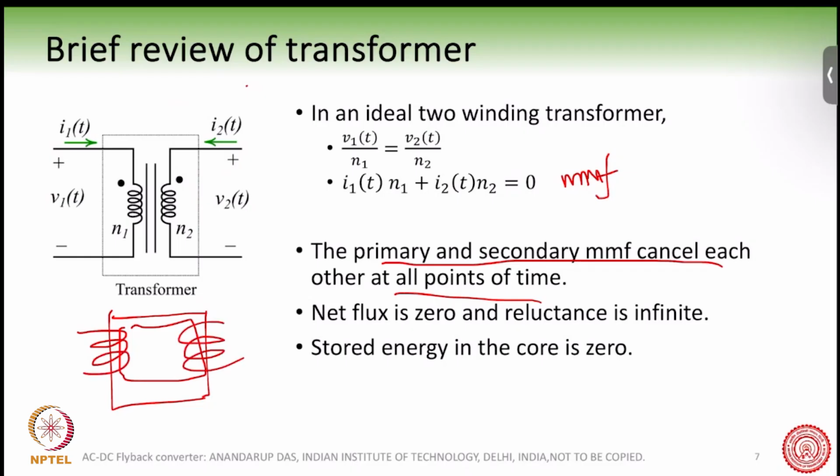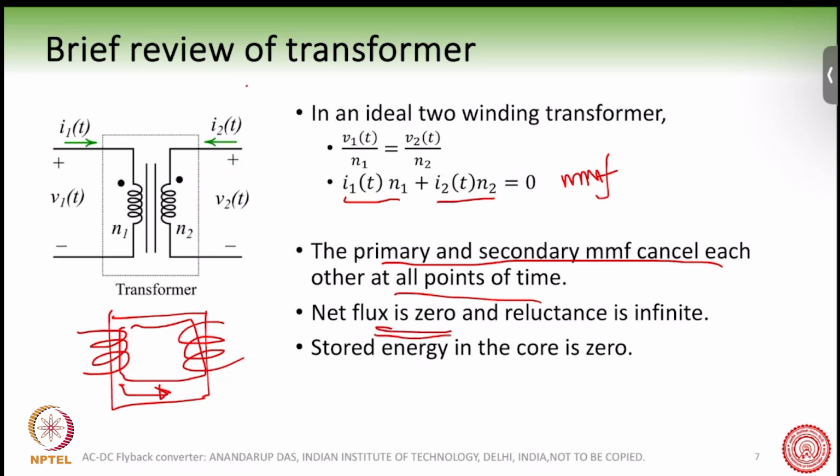You have to understand that the primary MMF and the secondary MMF, which are acting on this magnetic circuit, will cancel each other at all points of time. So that is why I1 N1 plus I2 N2 equal to 0. And so the net flux which is flowing in this is 0 in an ideal transformer.